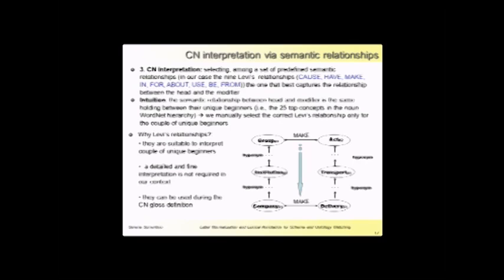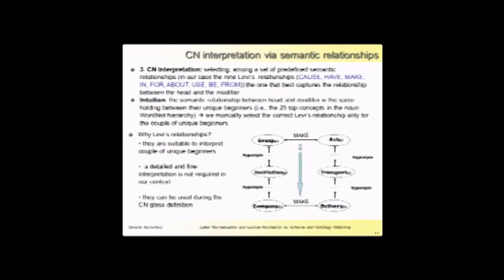We decided to use the Levi relationships as they are suitable to interpret very general concepts such as the unique beginners. Moreover, in a simple context like schema ontology matching, a very detailed interpretation of compound nouns is not required. And moreover, the name of the relationship can be directly used during the next step, that is the creation of a new WordNet meaning.